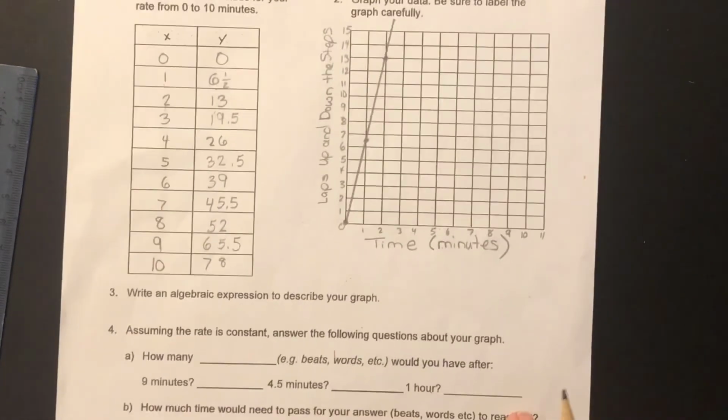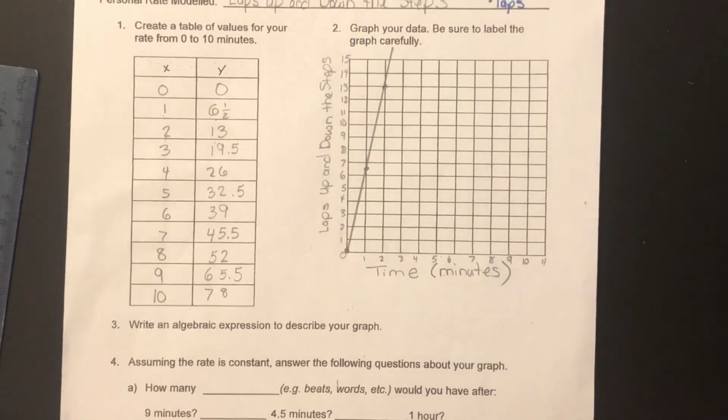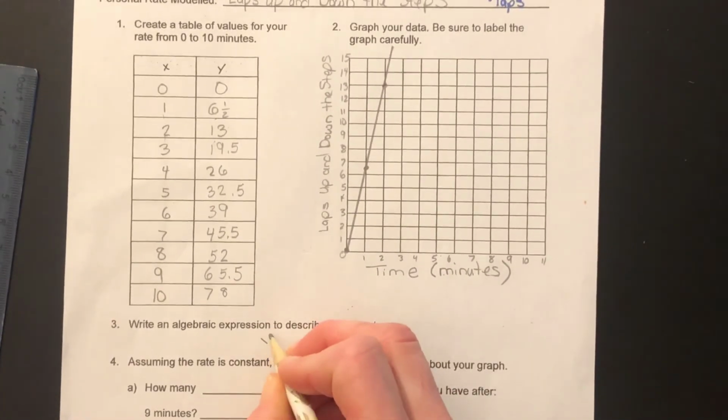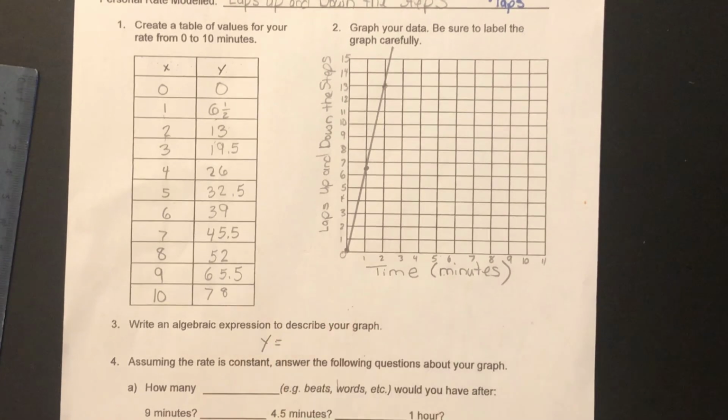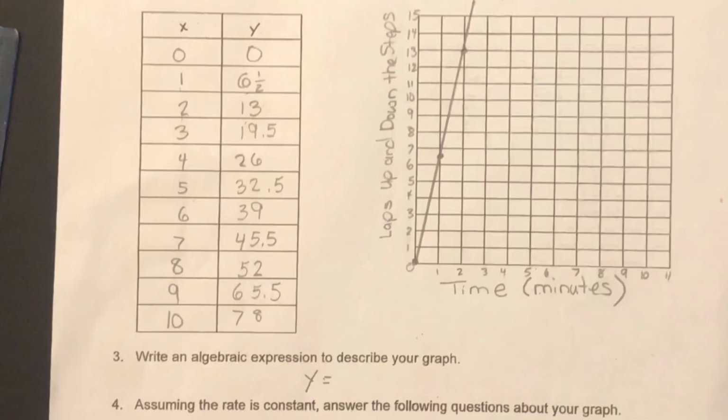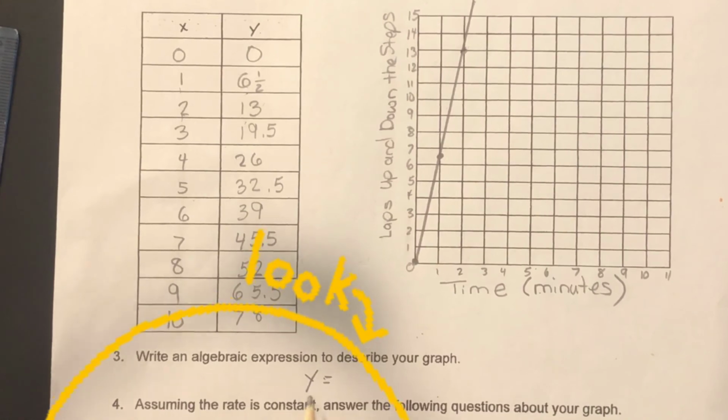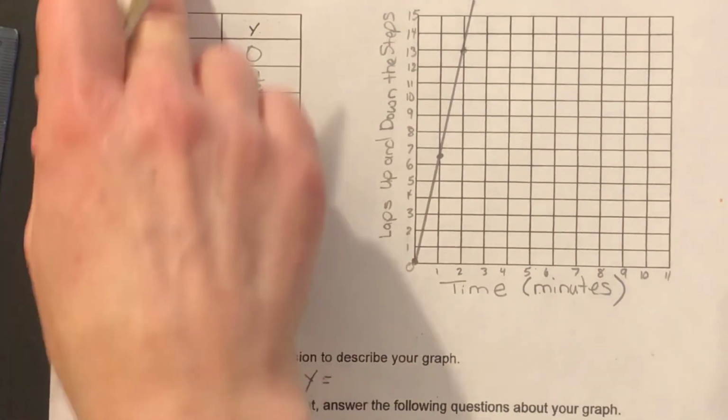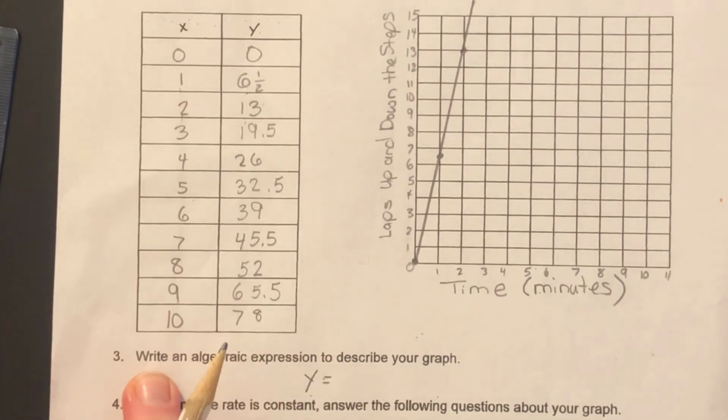Write an algebraic expression to describe your graph. Well, we'll always start with y equals, because this is the dependent value. The time, well, that was the given. We had to actually figure out what this would be.